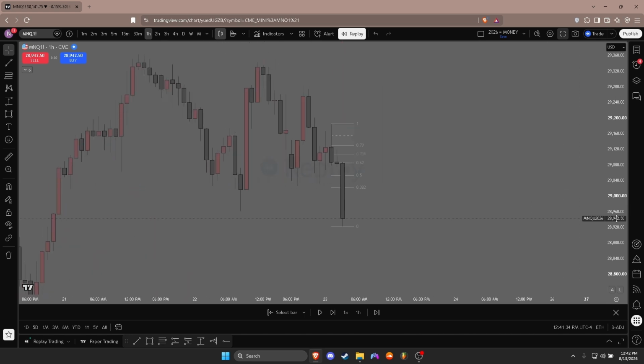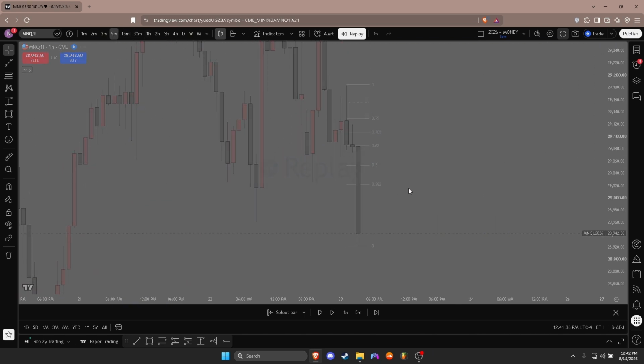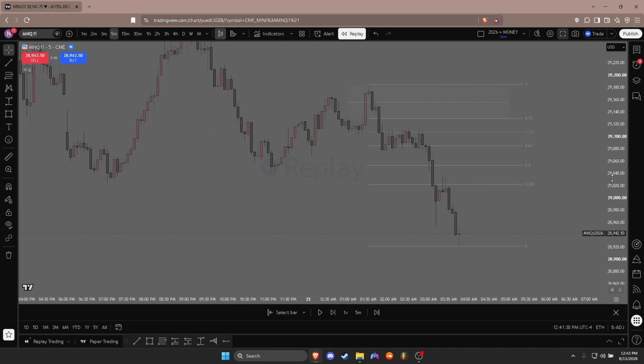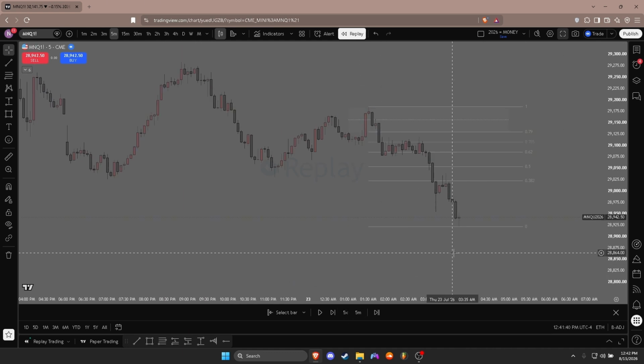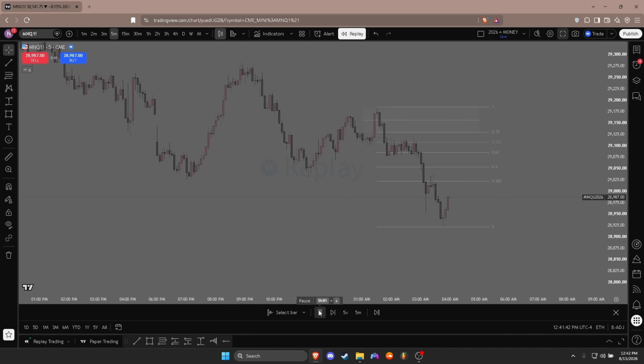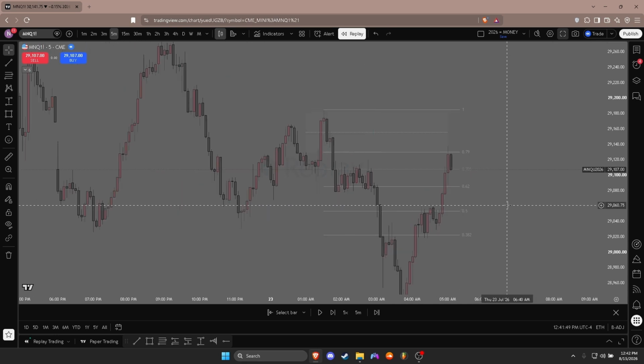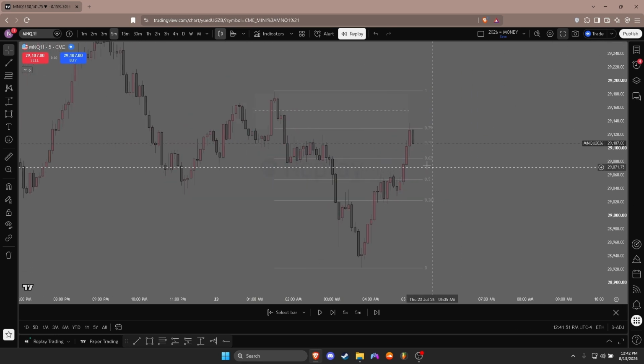So how would I trade this? Let me play it out a little bit, maybe at 5 times speed. We're counter-reacting off 0.5. So we've reached 0.705 and this deep range within 0.79.